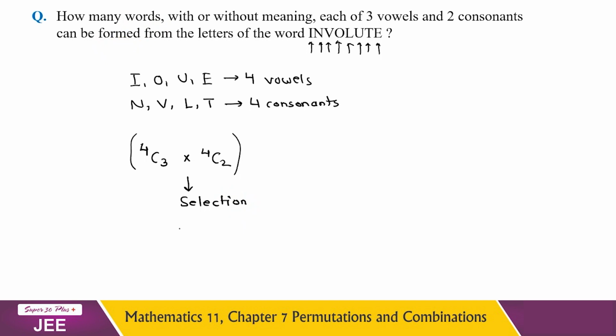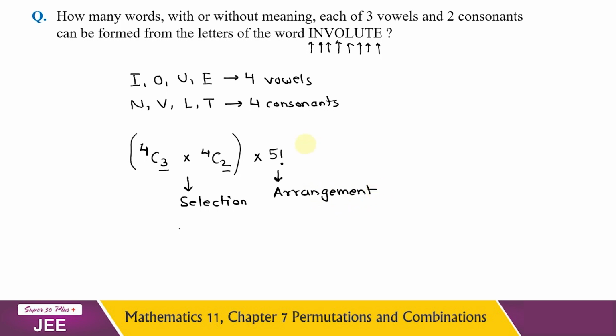So in total we have 3 and 2, that is 5 letters, and we have to arrange all of them in order to form a word. Now, this can be done in how many ways? We have to take the help of permutations. If we have 5 objects, they are going to be placed at 5 places in 5 factorial ways. Alright, so this is the arrangement.